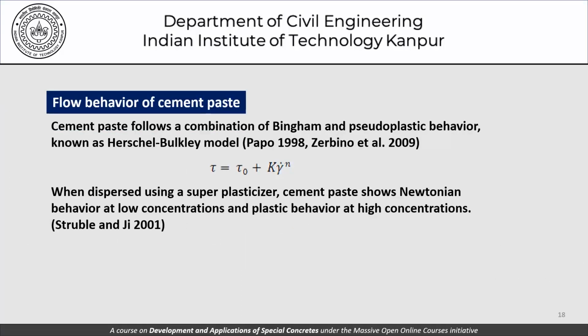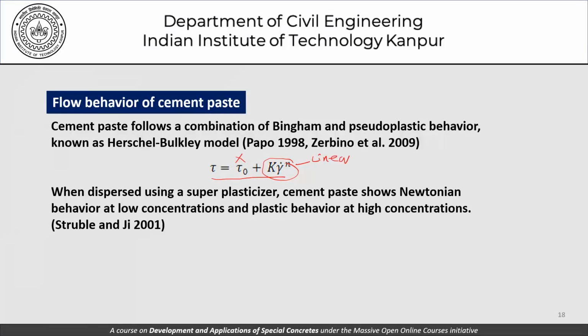So as far as the flow behavior of cement paste is concerned, studies have shown that it's a combination of the Bingham and the pseudoplastic behavior known as the Herschel-Bulkley model, and the equation that we try to use is tau naught plus k times gamma dot to the power of n. Remember that from the previous equations, when we were trying to use this power law, there was no tau naught term, whereas when we talked of the Bingham model, we said that there is a tau naught, but this part was linear.